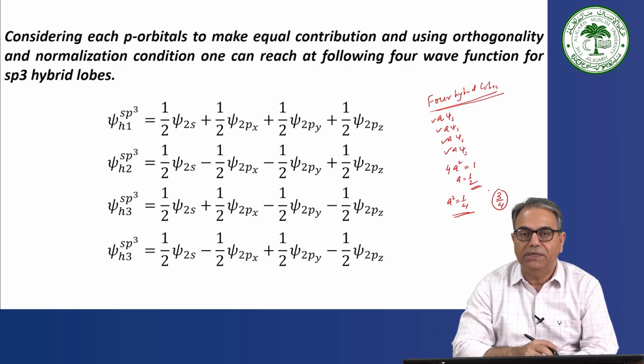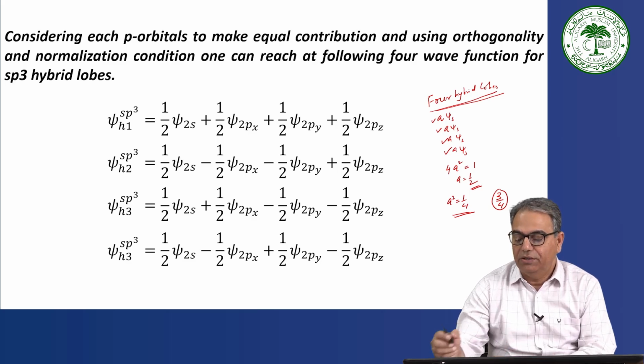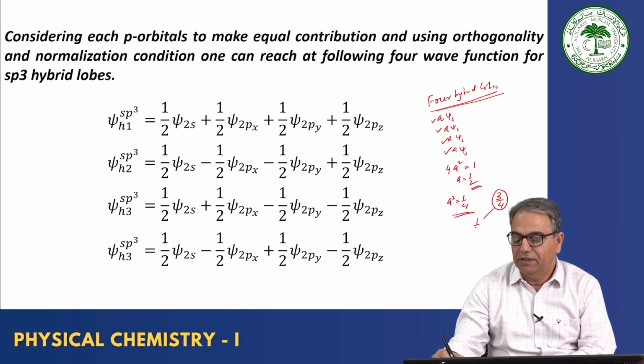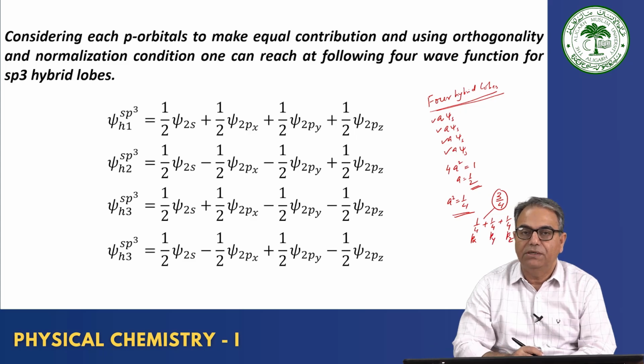And how many p orbitals are there? 3 orbitals. Psi 2px, psi 2py, psi 2pz. Here I have written psi 2px, psi 2py, psi 2pz. So if you suppose that equally they are contributing, then this we can split as 1 by 4 plus 1 by 4 plus 1 by 4 is the contribution of px, of py, of pz.